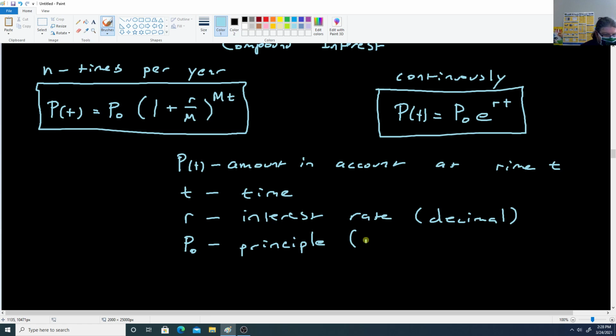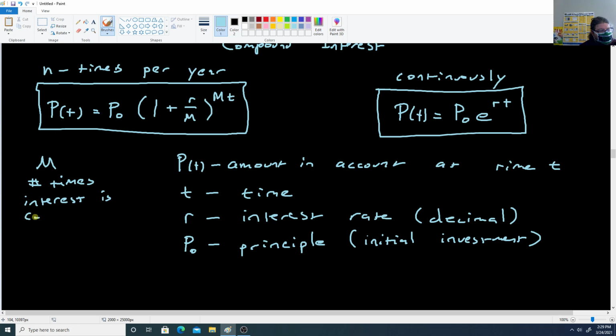That's the initial investment. And then M, on the left-hand side, is the number of times interest is compounded per year. So this one doesn't have M in it, but this one does.